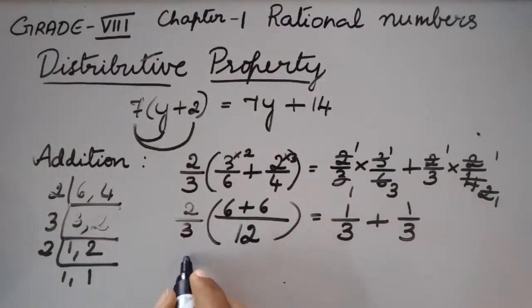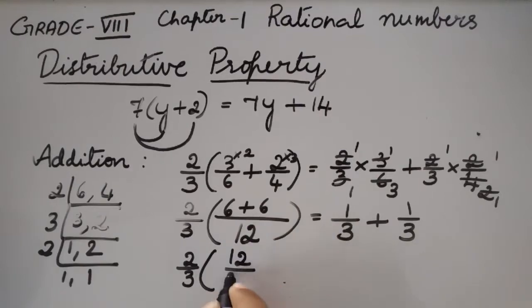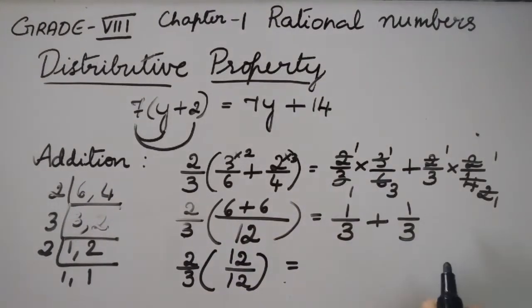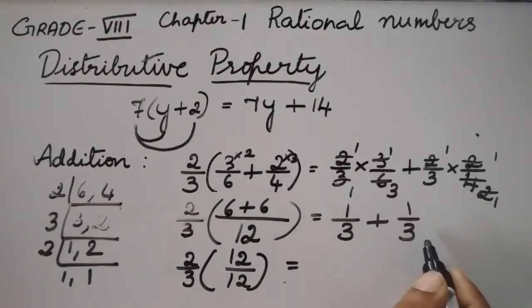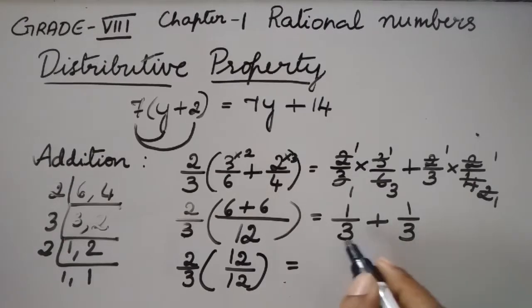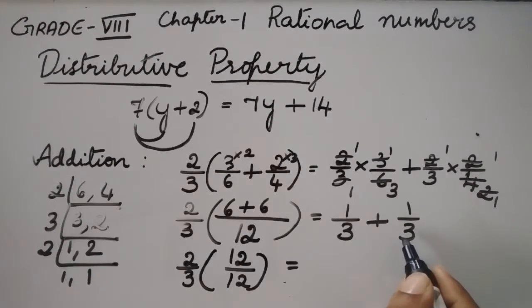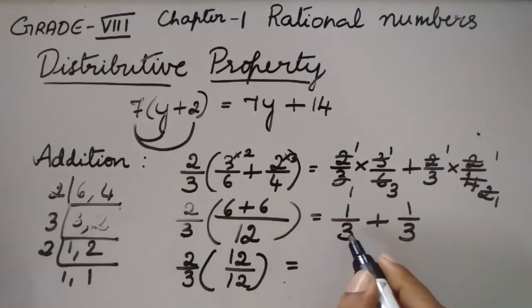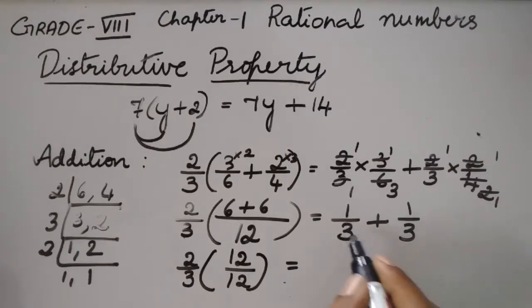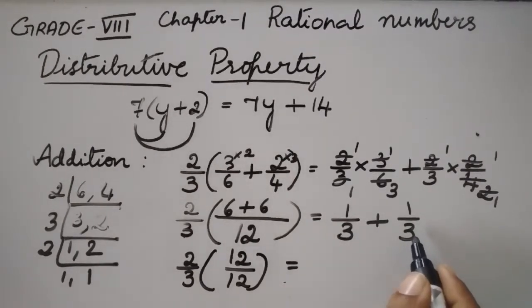So first let me add this up. 2 by 3, then 6 plus 6 is 12 by 12 is equal to, here I've got 1 by 3 plus 1 by 3. Here I've got two rational numbers with the same denominator. So we need to add this. So how to add these rational numbers with the same denominators?